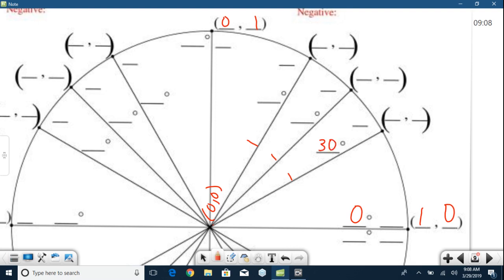From here to here, I went 15 degrees, so it'd be 45. Small spaces are 15 degrees. The next one, I'm going to add 15 more. That gives me 60. And if I add 30 to the next one, it gives me 90. Any questions about that?